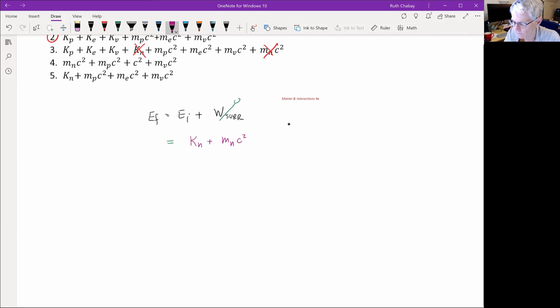Here we have the kinetic energy of the proton and the rest energy of the proton, the kinetic energy of the electron and the rest energy of the electron, and the kinetic energy of the neutrino and the rest energy of the neutrino. So now here's our energy principle equation all written out.